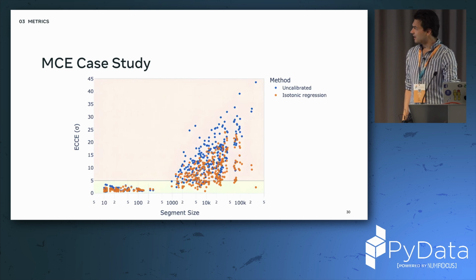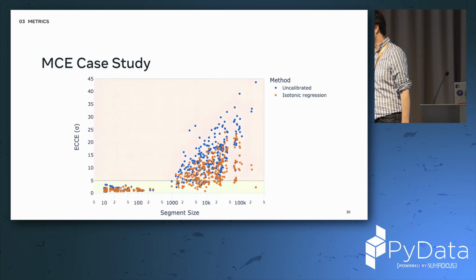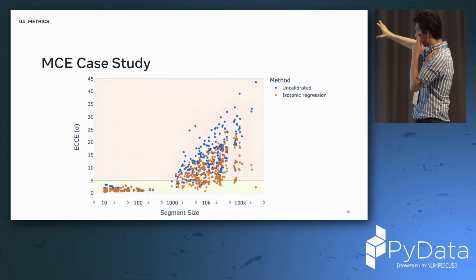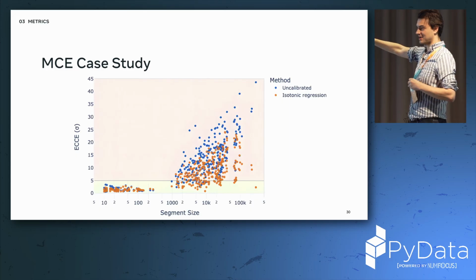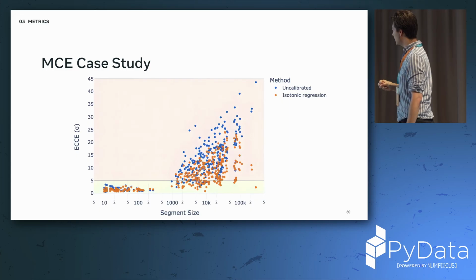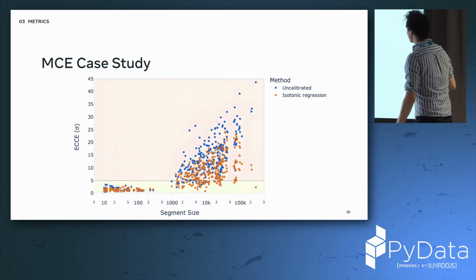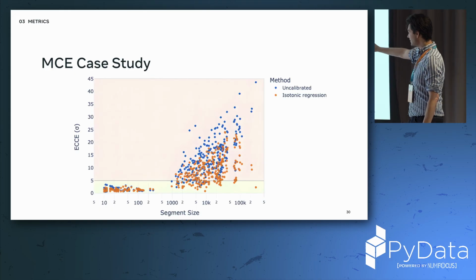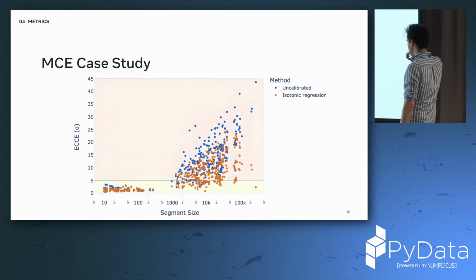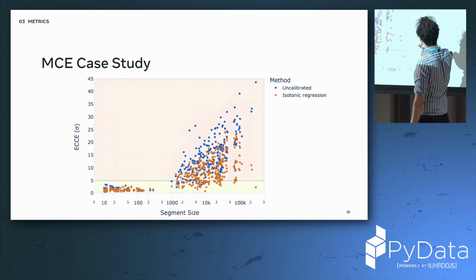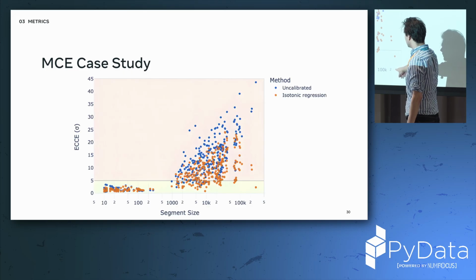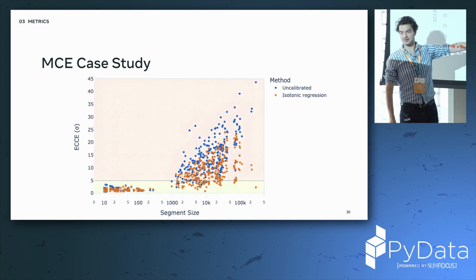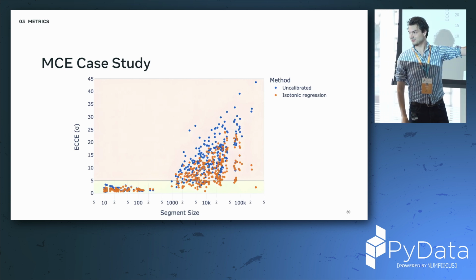And because we are estimating it for many groups, we can actually make a plot like this. This is one of the visualizations that we have in our software library. This is just one data set where every dot here is a subgroup that's been created out of your data set based on your features.